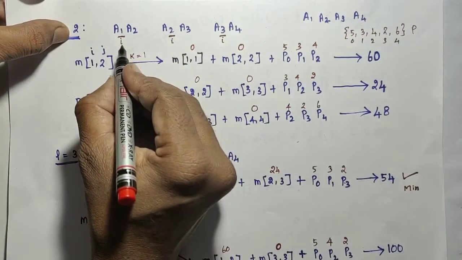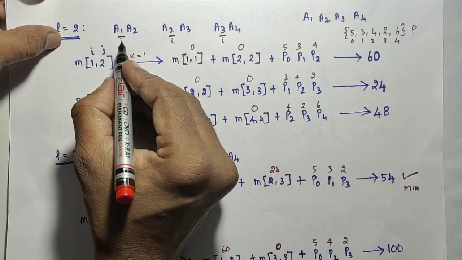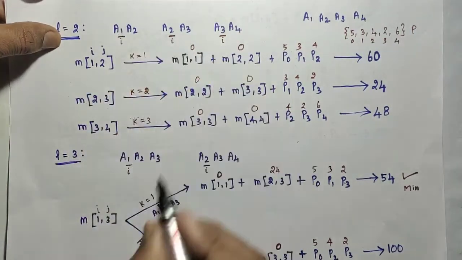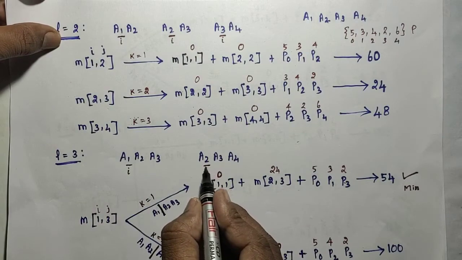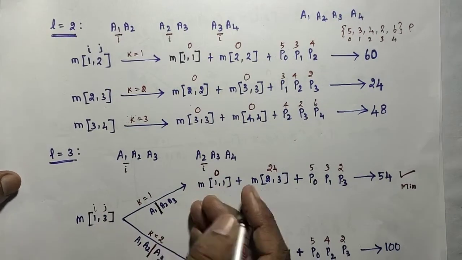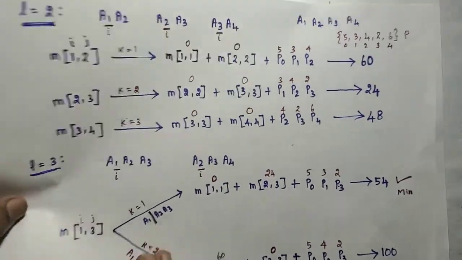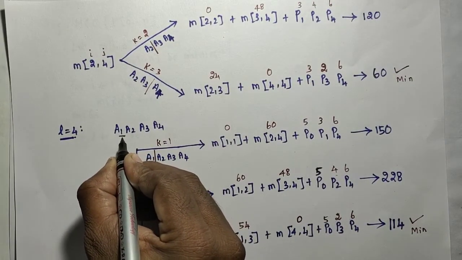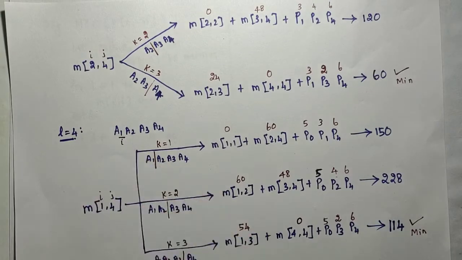The only thing is how many i's the loop should be executed for. For i equal to 1, 2, 3 here, and here i equal to 1 and 2 alone. In the last iteration, when L equals 4, there is only 1 iteration, i equal to 1 alone, that we have to execute.